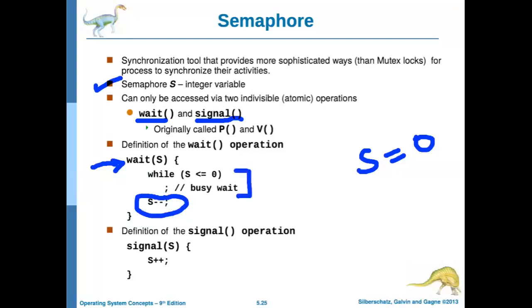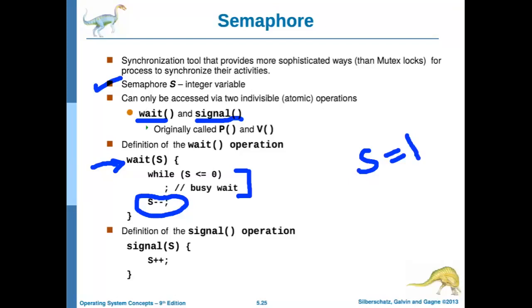Now, if I remove this 0 and assume that the value of the semaphore variable is 1, and wait on S is called, what will happen?